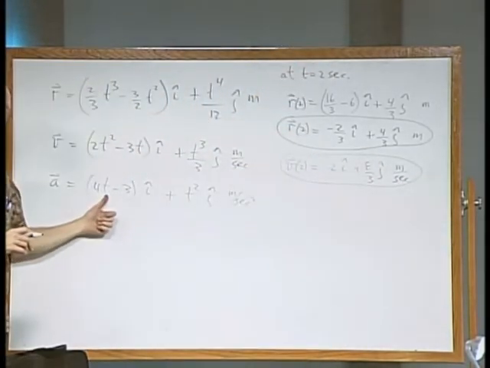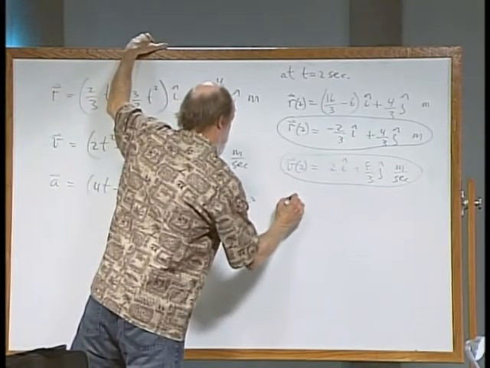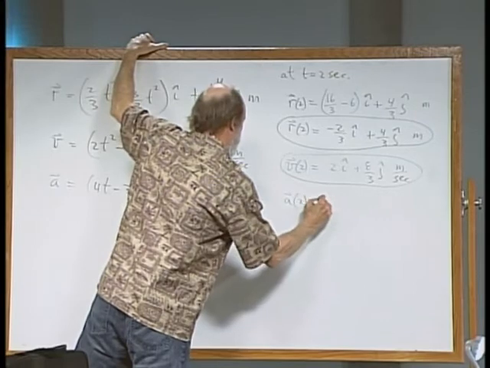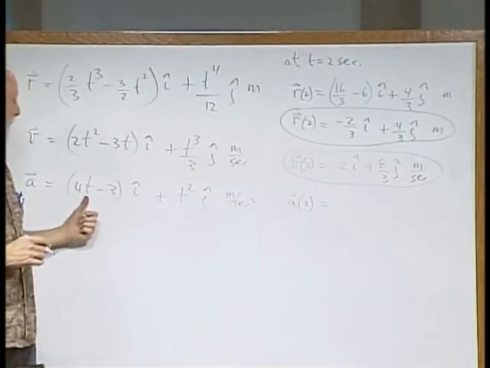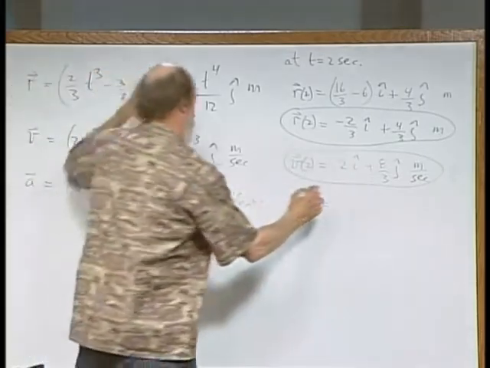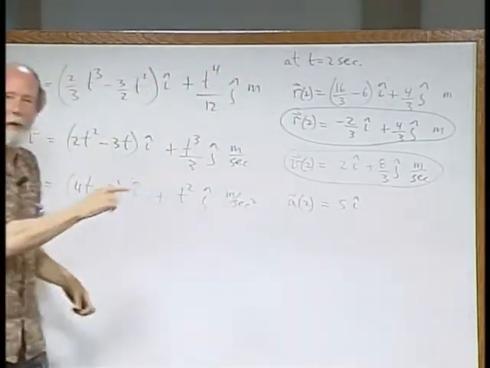The acceleration at that same moment of time is 8 less 3 is 5 meters per second squared to the right.